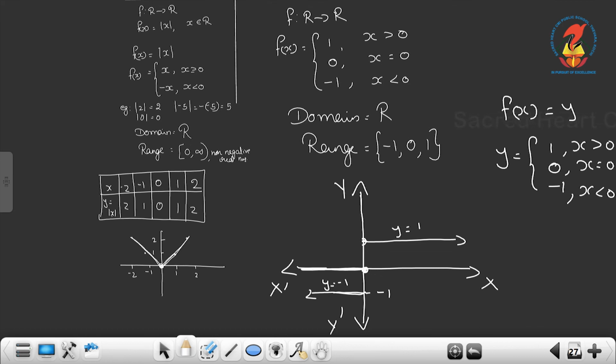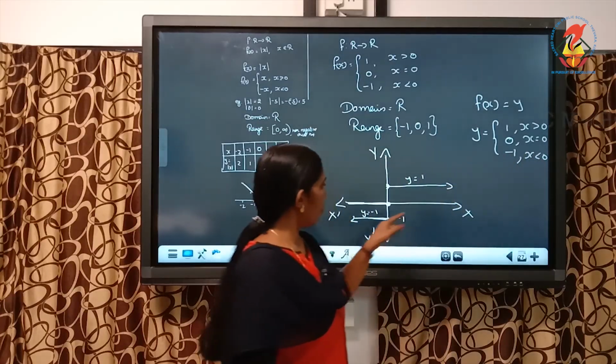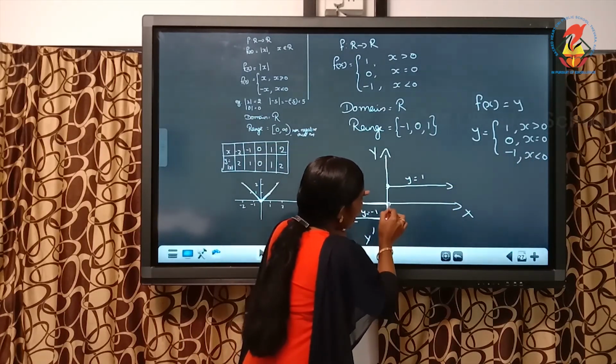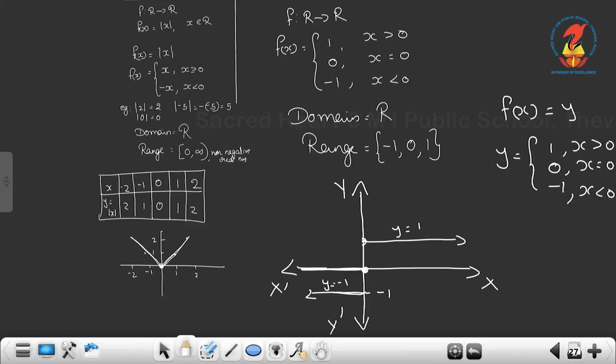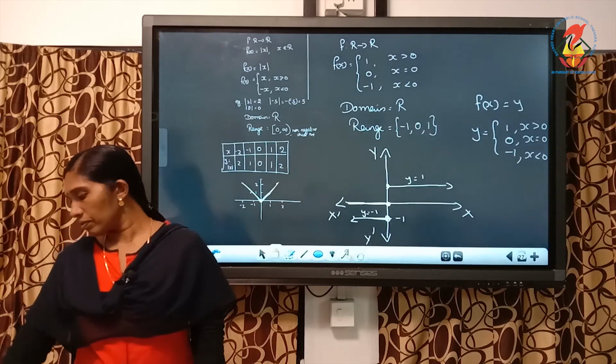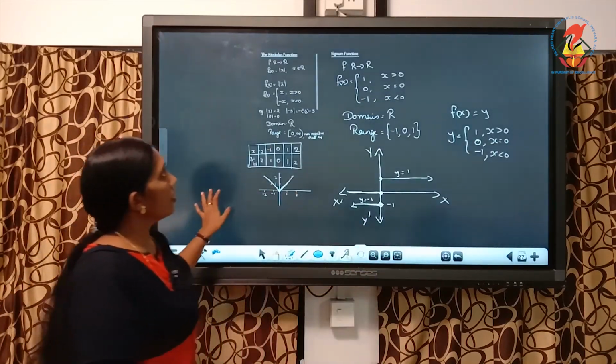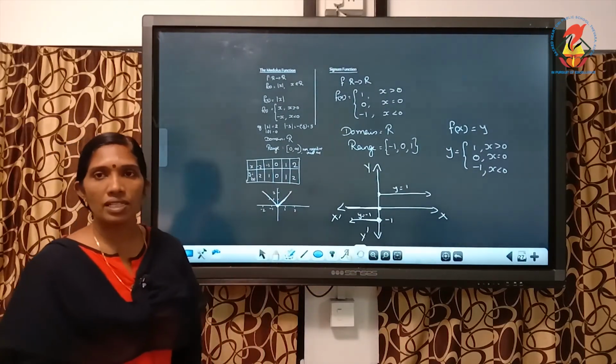When x is less than 0, y is equal to minus 1. But this point means x is 0. When x is 0, y is equal to 0 itself. So this is not included. Draw a white circle. So like this you have to draw. Okay, so I hope all of you understood this modulus function and signum function.